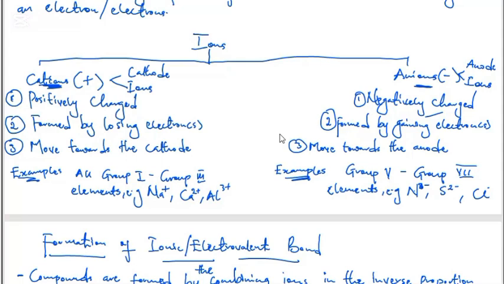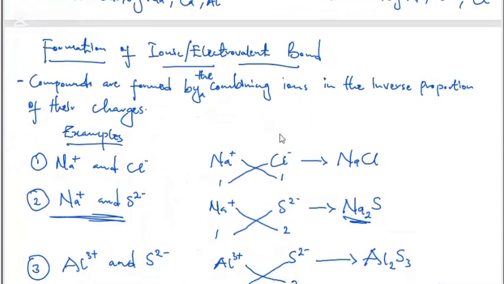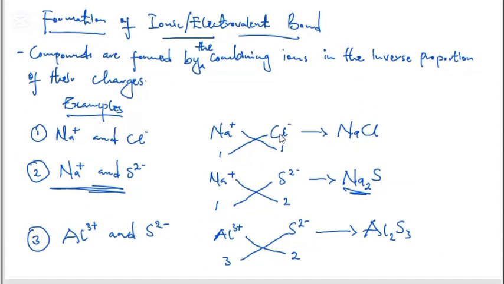We say the guys that form your cations, they are your group 1, group 2, and group 3 elements. So from group 1 to group 3, they form your cations, positively charged. While your group 5, group 6, and group 7, they form your anions, which are negatively charged. So we look at the formation of ionic compounds, and we say ionic compounds are formed by combining the ions in inverse proportion of their charges.